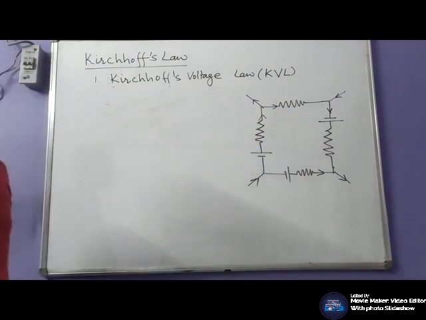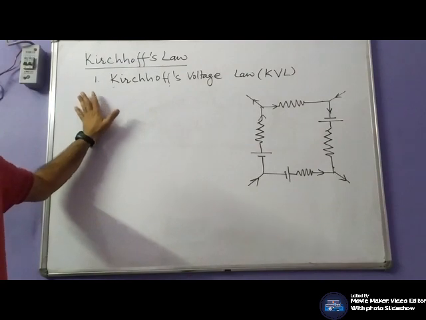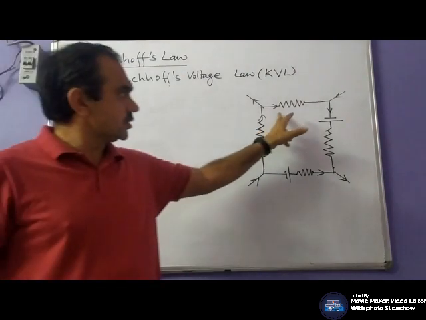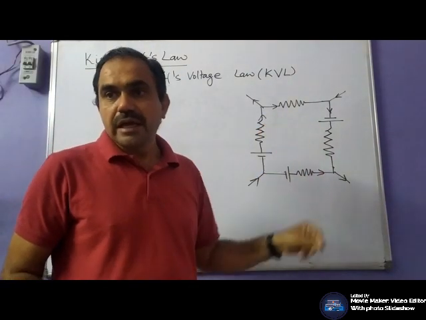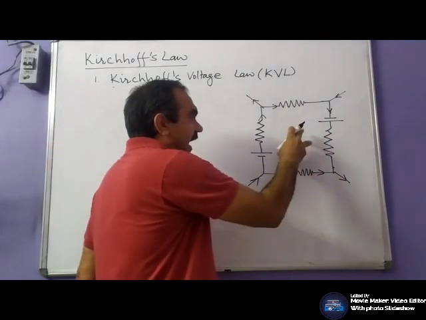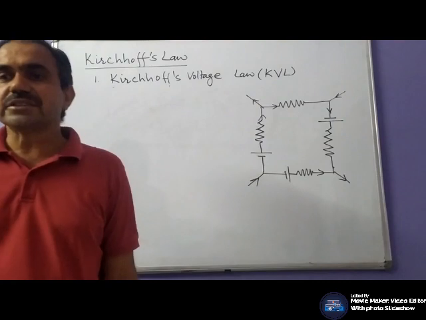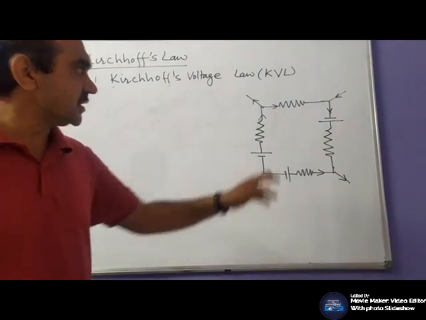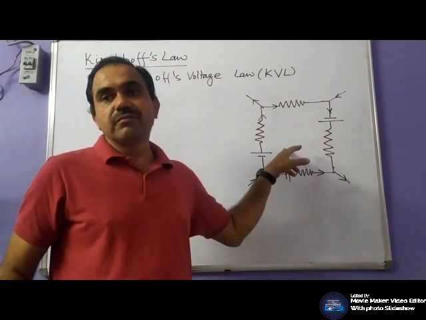But this law states in any closed loop, the algebraic sum of EMFs and voltage drop across these resistances would be 0.